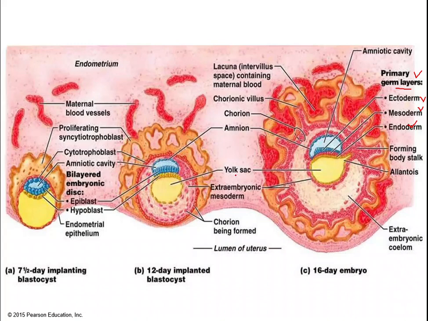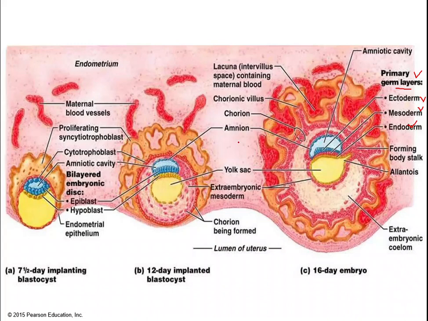Now, during this process, there are some extra embryonic membranes that are developed. And these extra embryonic membranes are going to support and protect the growing embryo. And I do want to go over all of them. Okay, we have covered a few already. So let's begin with the first one.